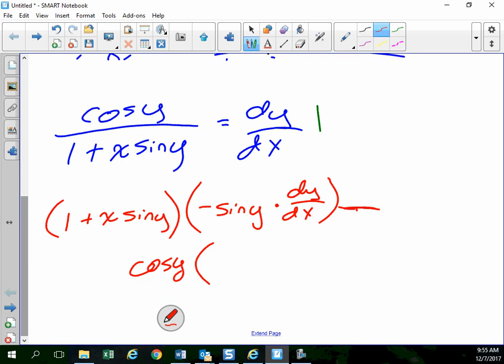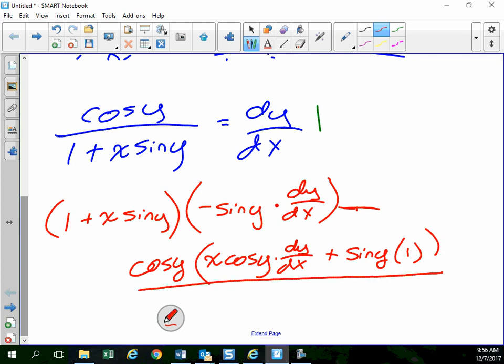D low, this is the product rule, by the way. So first times the derivative of the second plus the second times the derivative of the first, all over denominator squared.